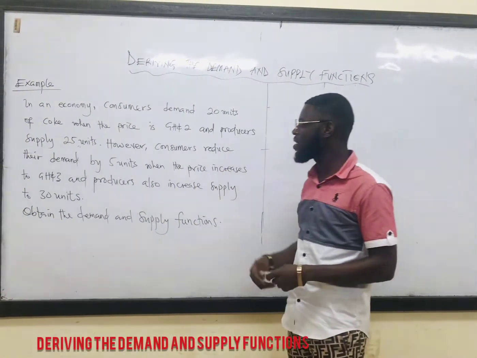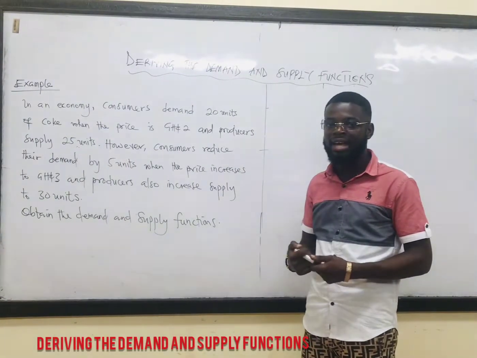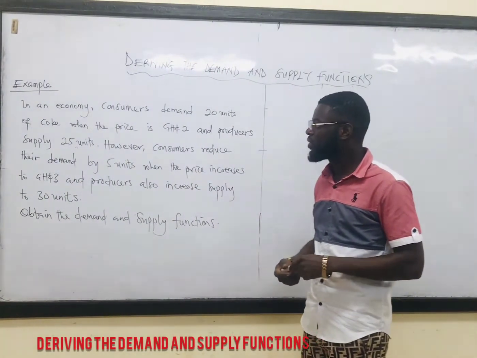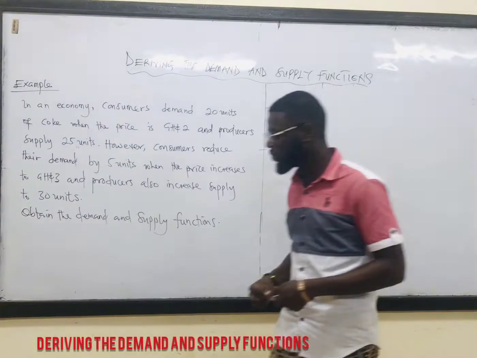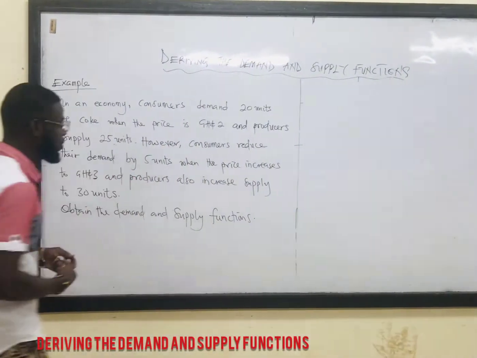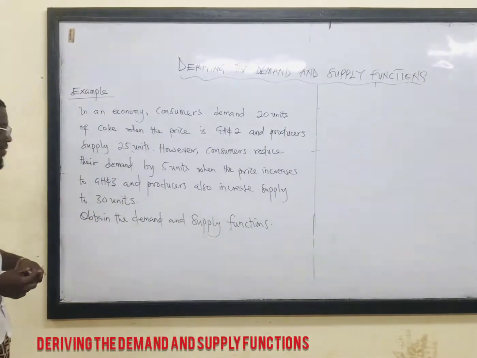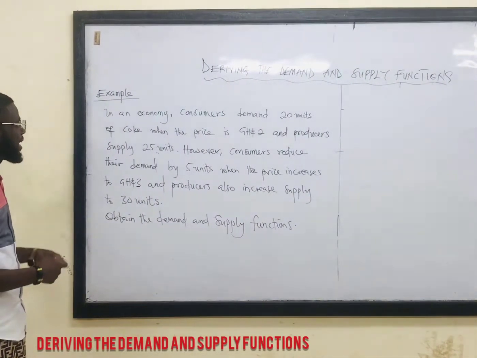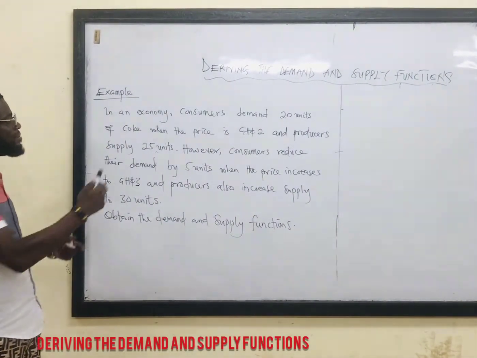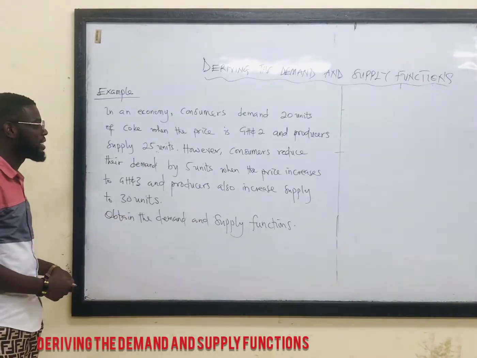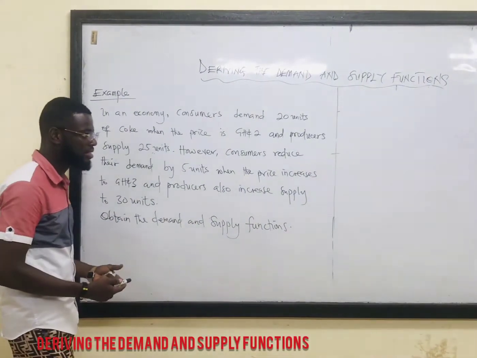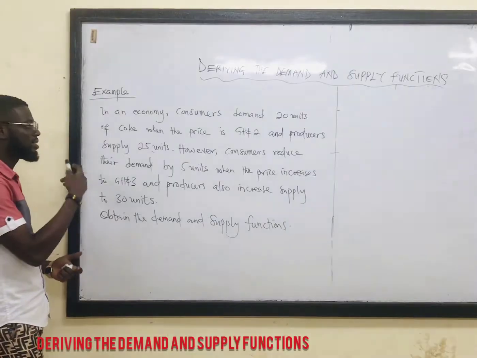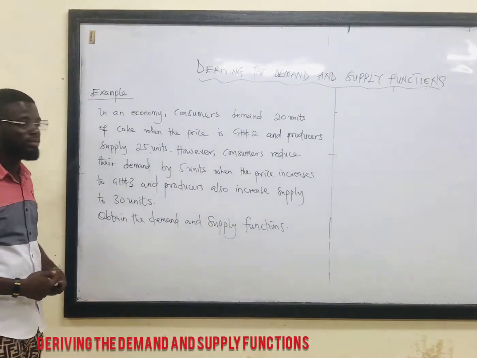So this is one of the questions that I would like us to go through. So let's quickly go through this question and know how to derive our demand and supply functions. So the question reads, in an economy, consumers demand 20 units of coke when the price is 2 cedis, and producers supply 25 units.